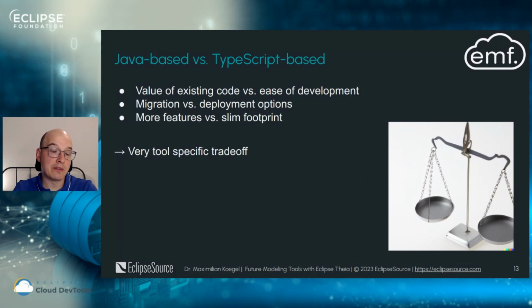So for example, if you have a lot of existing code, you probably value that existing code and you have to weigh that off over ease of development, right? Because the existing code is Java-based code that interacts with EMF, and then you will have front-end code that's in TypeScript and JavaScript. But if you have a lot of that code, it might well be worth to just keep the code and then not have a uniform stack.